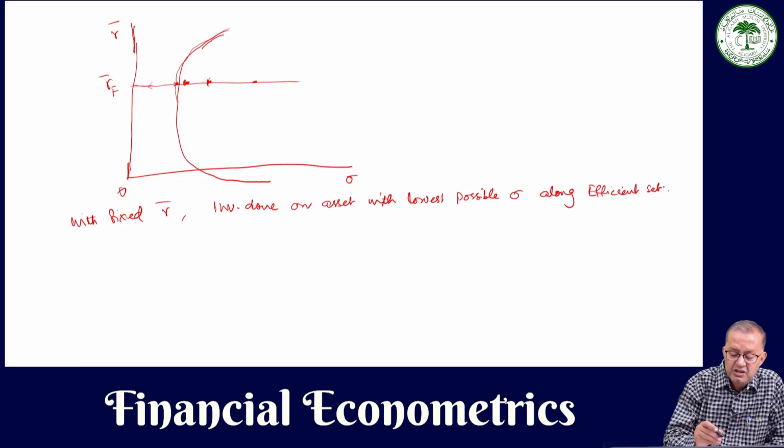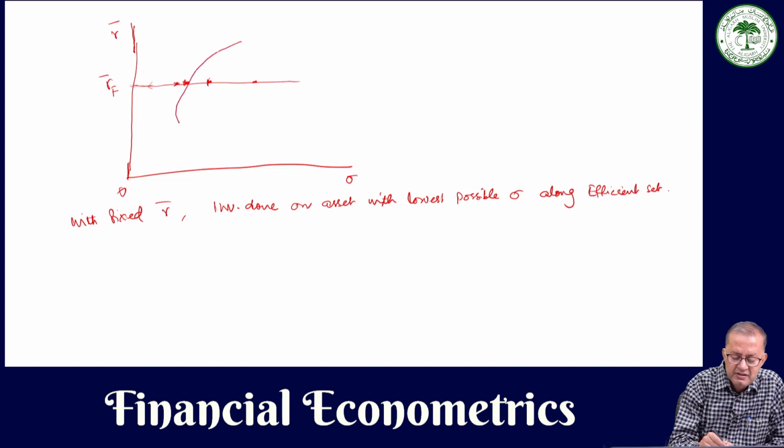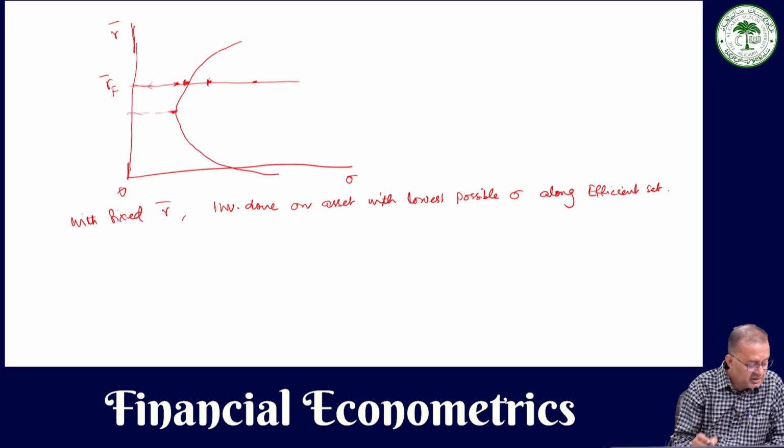So the lowest possible sigma is at this point, this is the lowest possible. For this, the fixed rate of return will be this much.